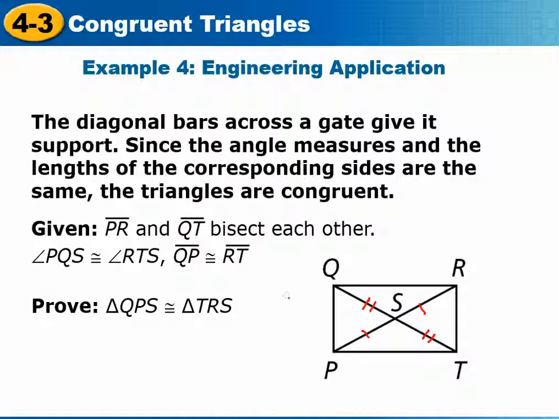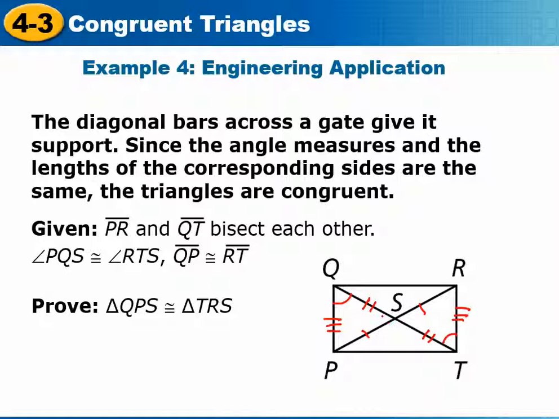We also know that angle PQS, this angle, is congruent to angle RTS, this one, and that segment QP is congruent to segment RT. So we already have, in the given, all 3 sides being congruent.